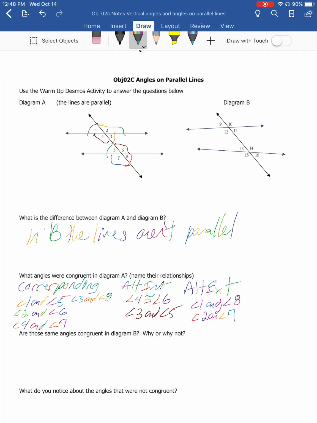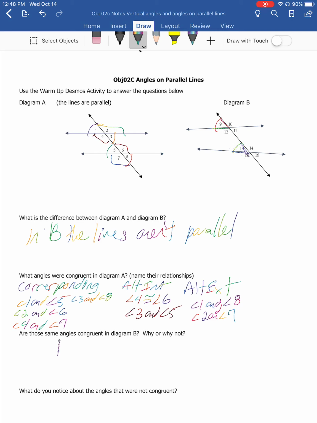So for these, looking at diagram B, were the corresponding angles congruent? If I look at this right here, is this angle the same size as this angle? This one's a little bit smaller, so maybe it's not as marked, but this angle here is larger than this angle here.